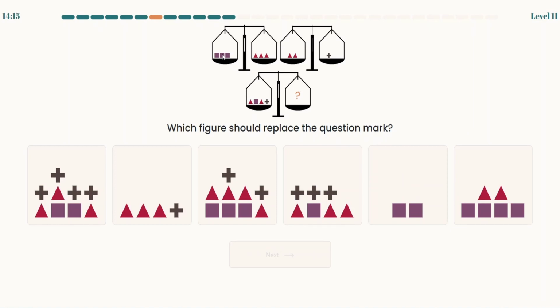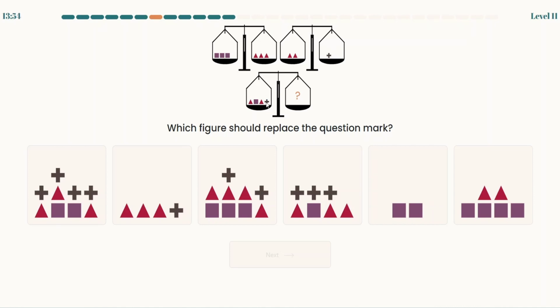Okay, so squares is equal to triangles. Squares is the same as triangles. And 2 triangles is 1 plus mark.